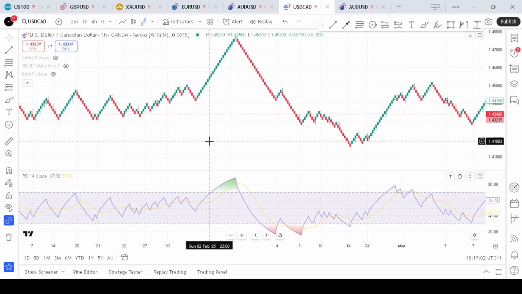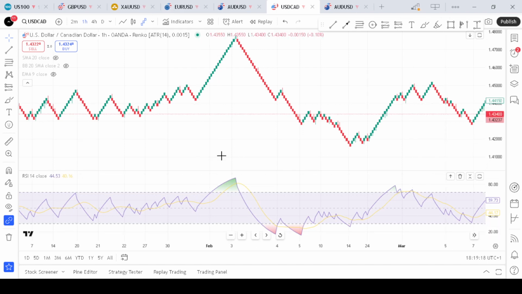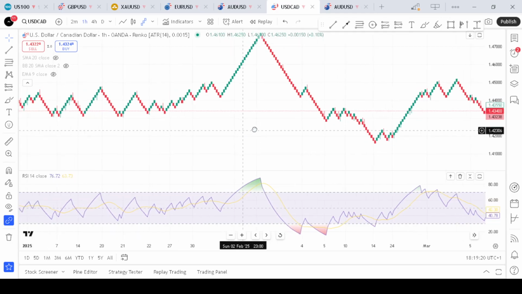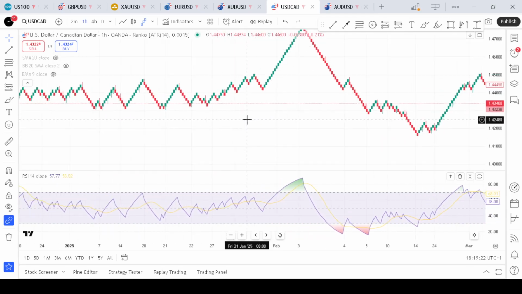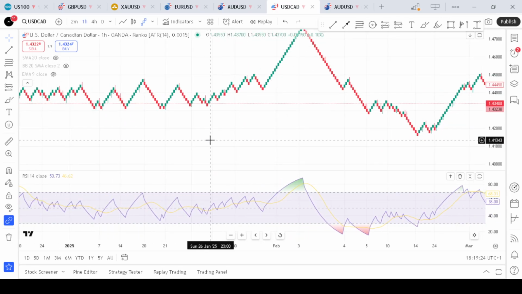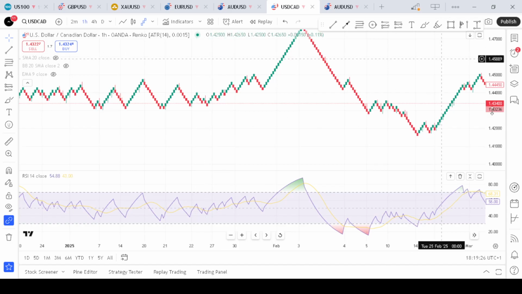When combined with the Renko chart, the RSI becomes a powerful tool for identifying overbought and oversold conditions, as well as potential trend reversals. The RSI's ability to show momentum divergence complements the trend following nature of the Renko chart, providing traders with additional insights into potential price reversals.